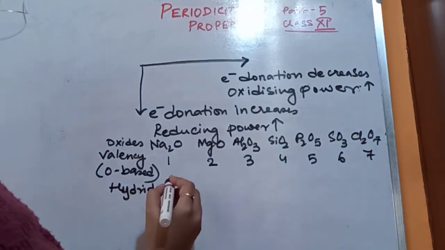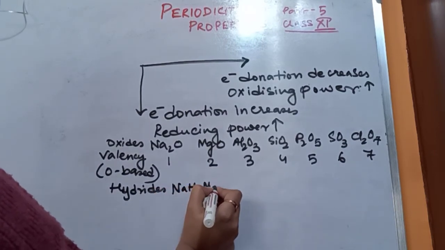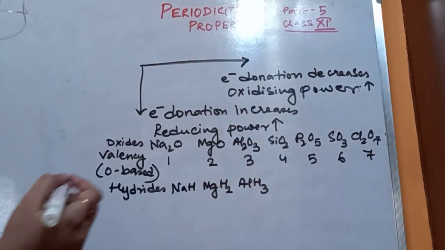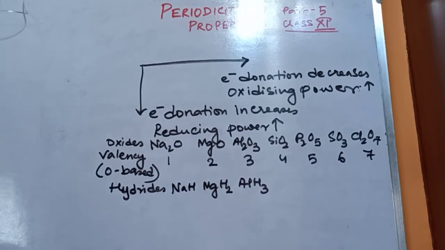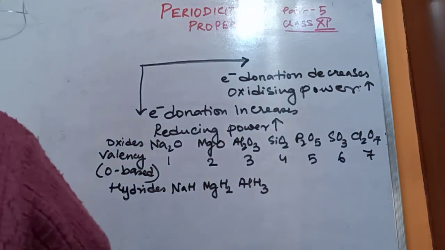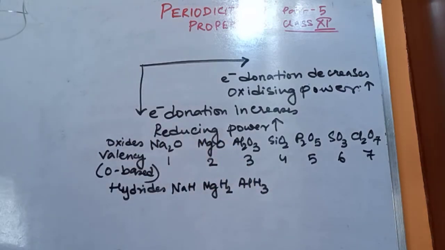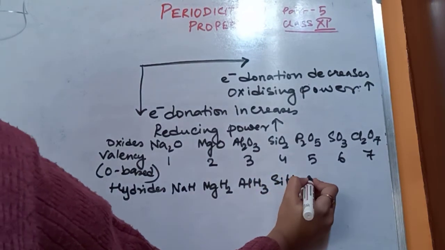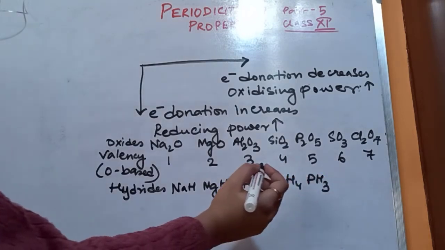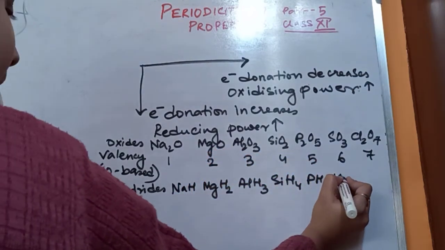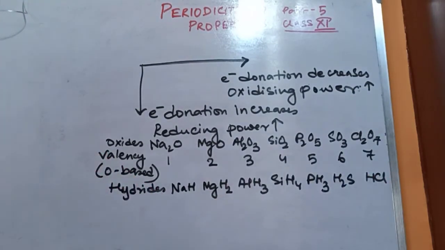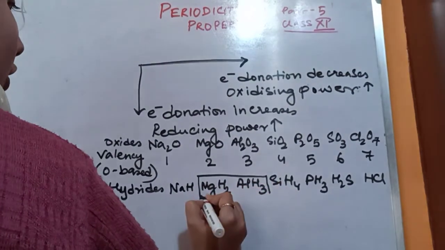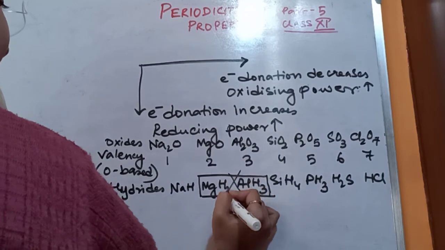When we talk about hydrides, magnesium and aluminium do not form hydrides.